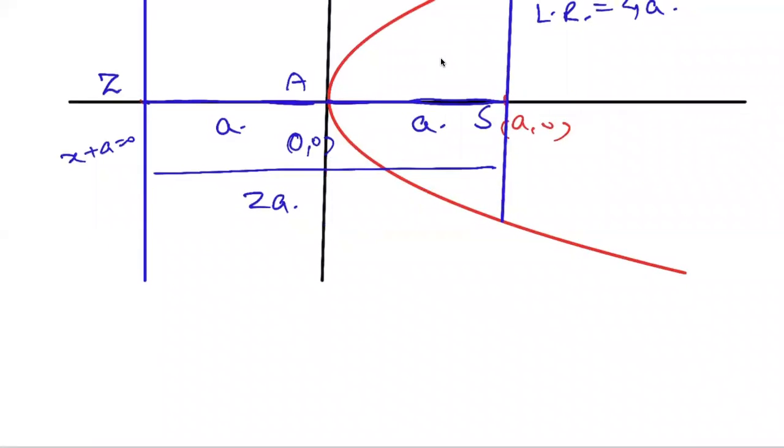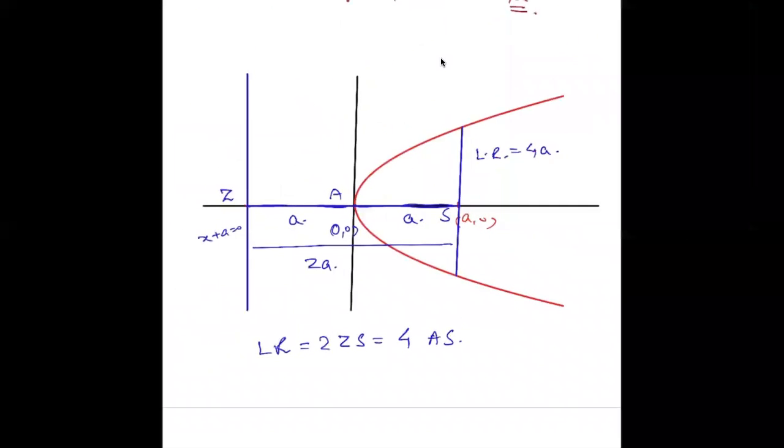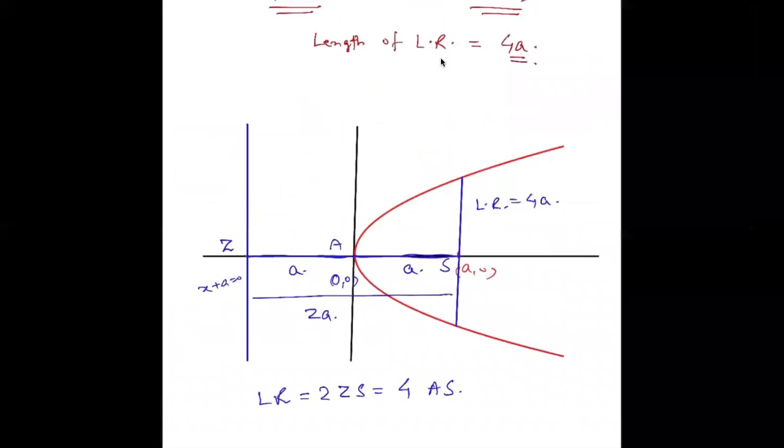So the length of LR is equal to twice of ZS, which is equal to 4 times AS. Very important property and very useful. The vertex A is the midpoint of ZS.